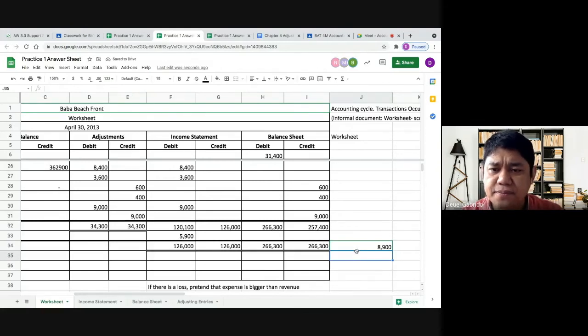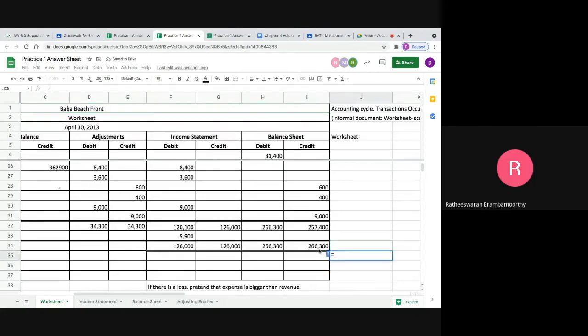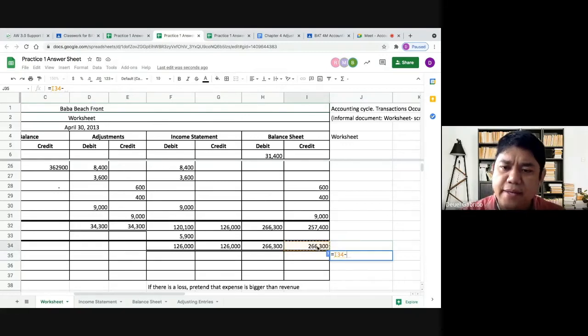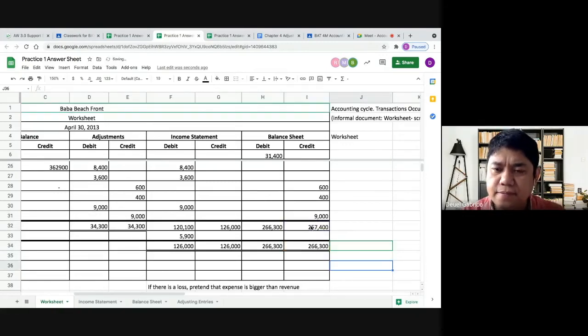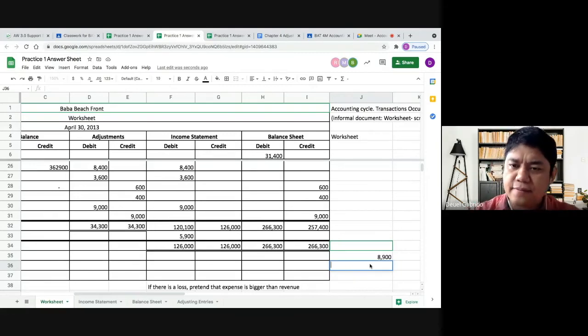Is it true? What's wrong then? Again, equals this minus this. How come it's 8,900? What is missing? Minus 5,900. So 3,000 is missing?